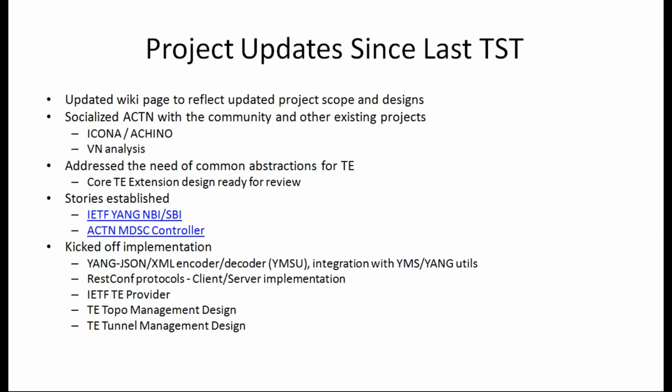However, we all agree that the common abstraction that ACTN will introduce into ONOS could be shared and reused between these two projects if ICONA eventually will consider layer 0 and layer 1 networks and extend the support as a southbound provider to those network types.